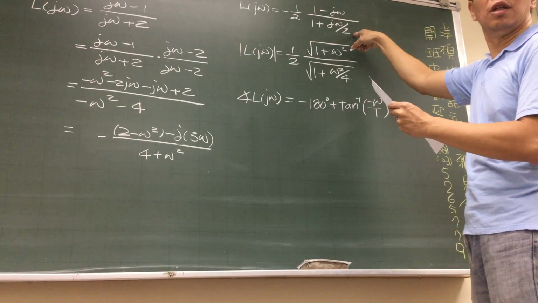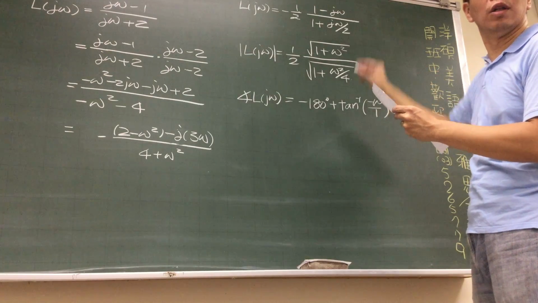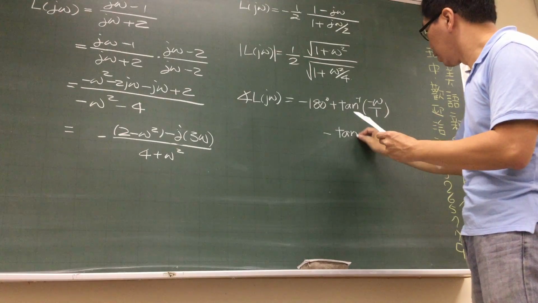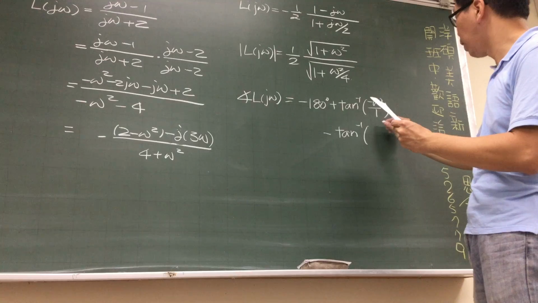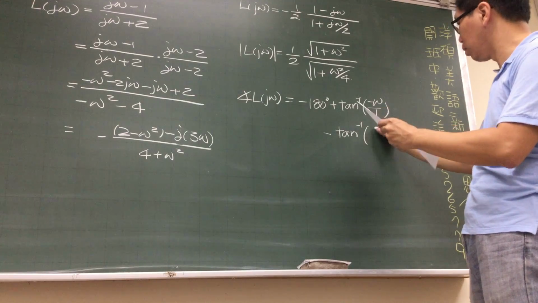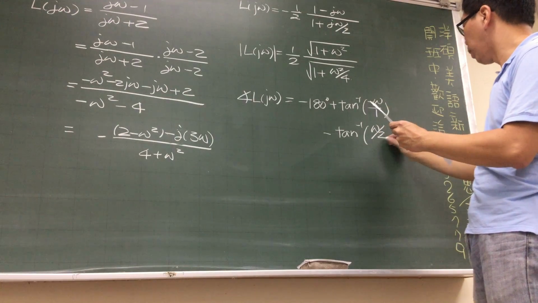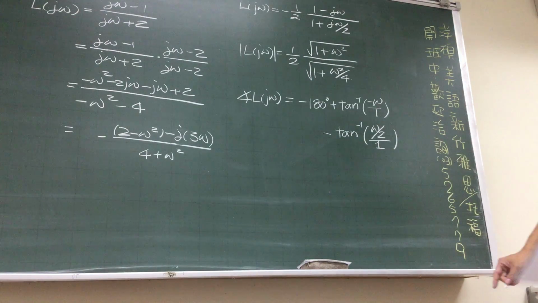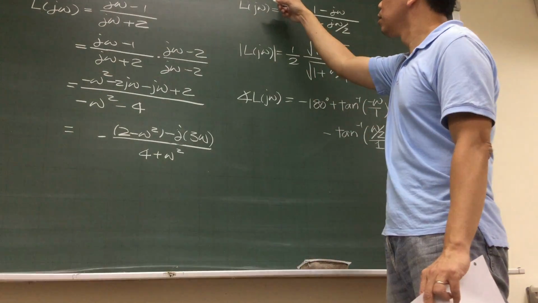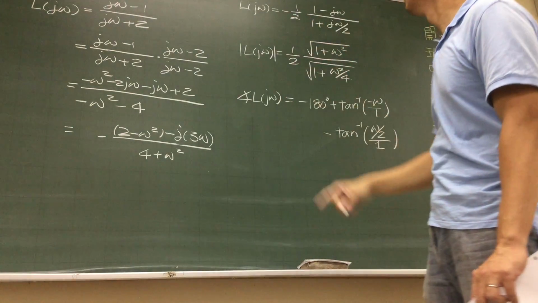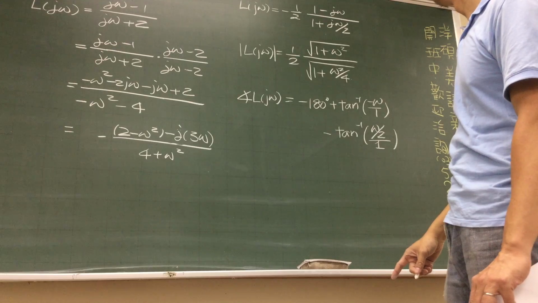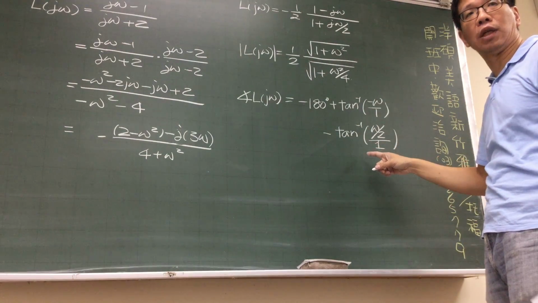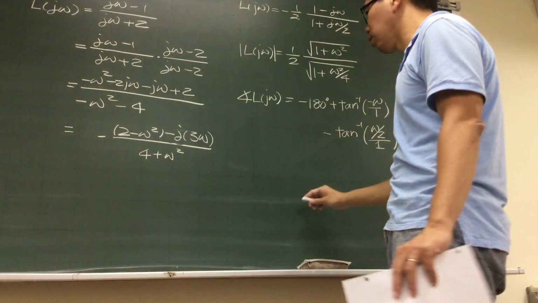This is in the denominator, so we should have a negative sign in front of it. And my imaginary part is going to be omega over 2. My real part is 1. So I got my magnitude part and my phase part all together. That is going to be my first method.